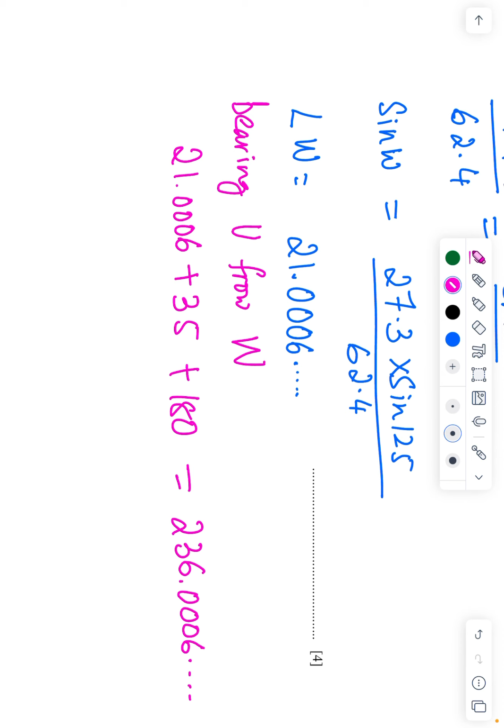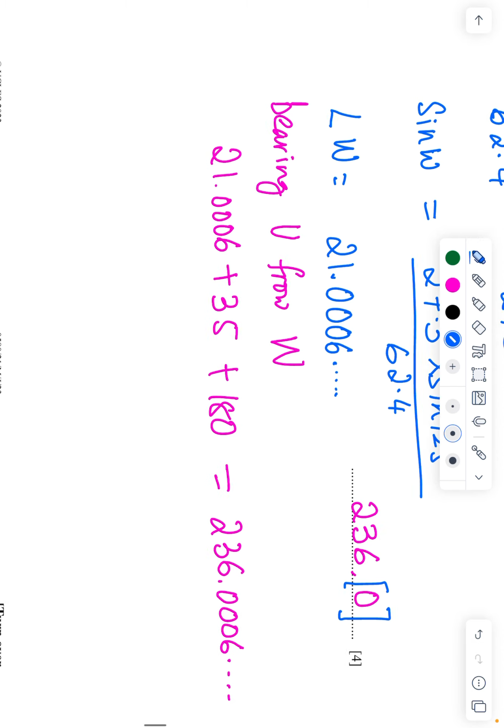So I will write the answer as 236.0, one decimal. Since it's a 0, if you write a 0 or don't write it, it doesn't matter. So that was a 4-mark question.